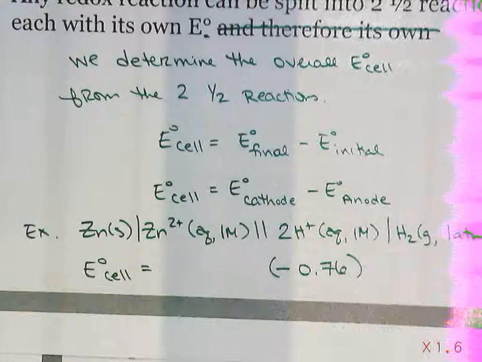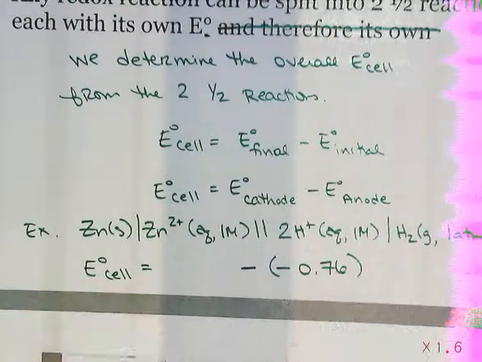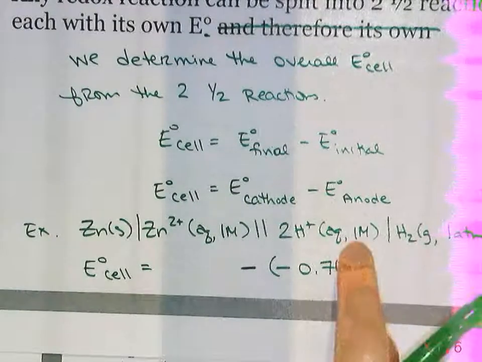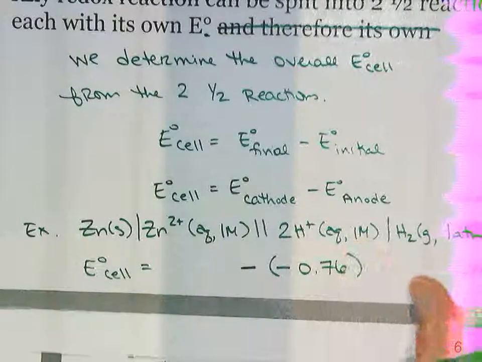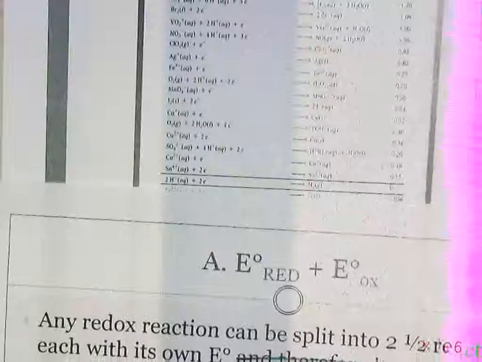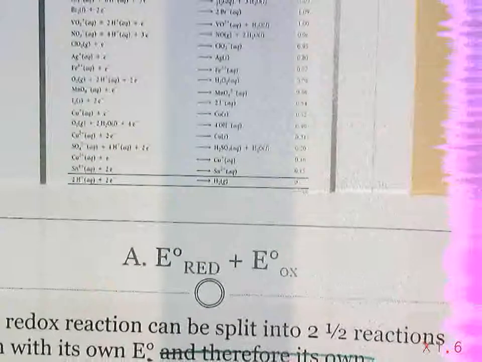Then you have to figure out what the cathode half reaction is. It happens to be a very special reaction that has 0 as its standard state potential. It's actually hydrogen that we measure everything else against.